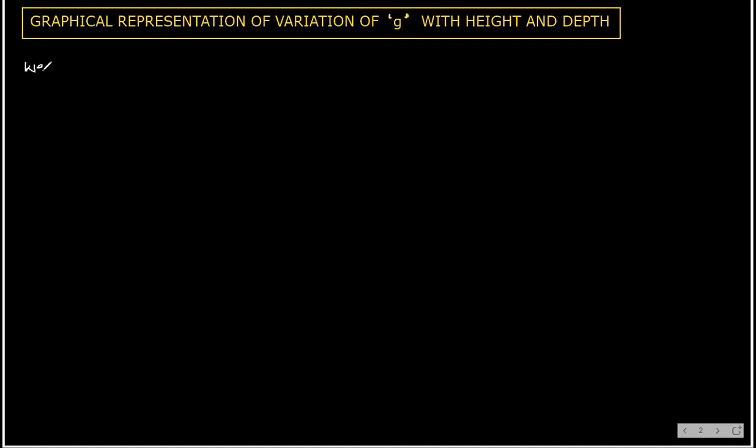We know inside the earth, g at depth is equal to g into 1 minus d by R.